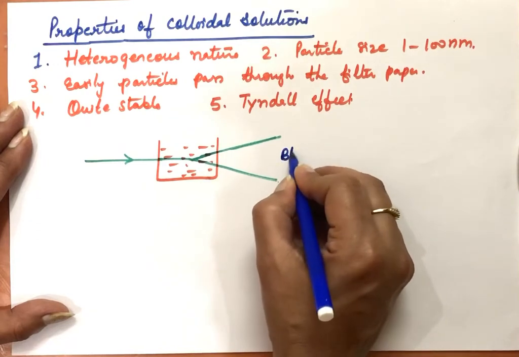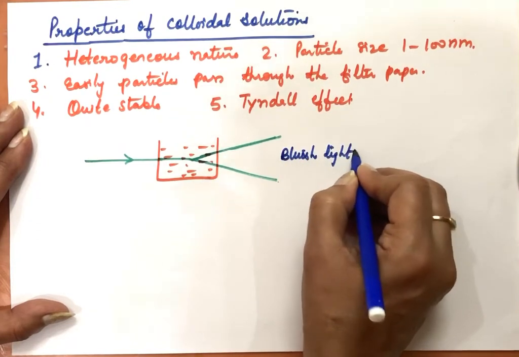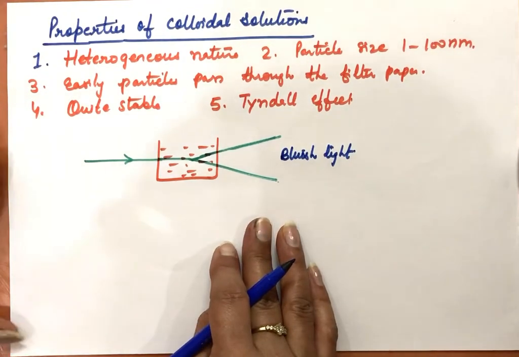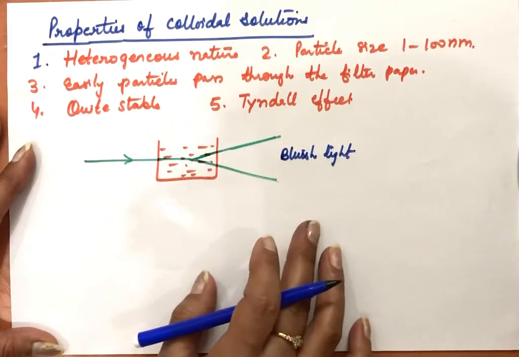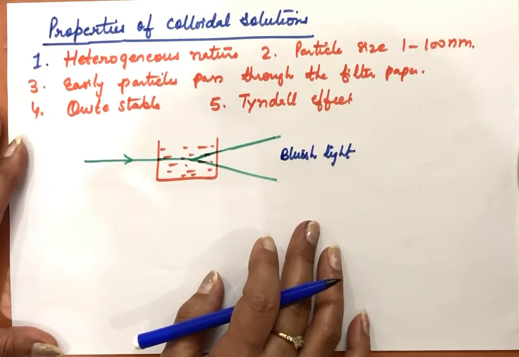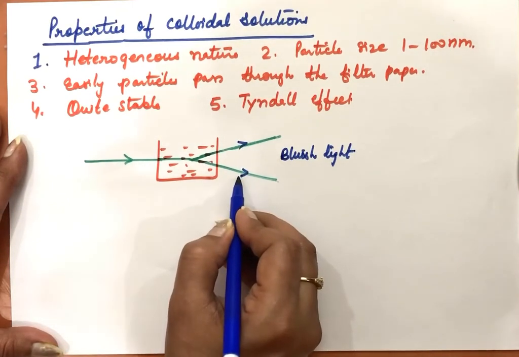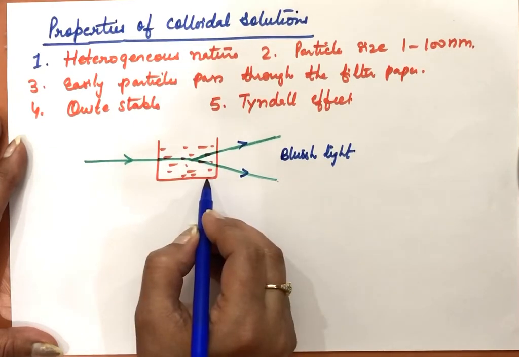With a blue color. So this bluish light we will see only in the case of the colloidal sol. This phenomenon will not be observed in true solutions, and even this bluish cone of scattered light will not be visible in the case of the suspension. So this scattering of light is by the colloidal particles of this solution.